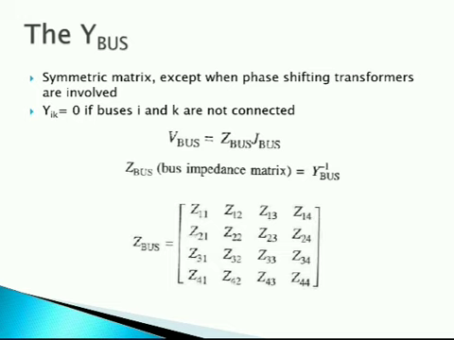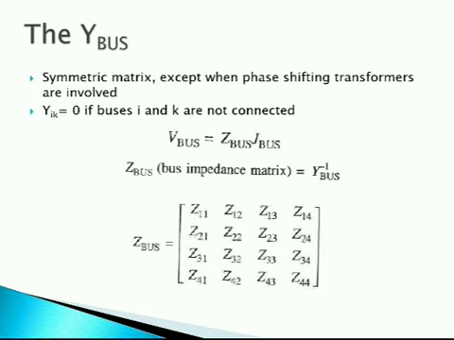Okay. Now the Y bus is a symmetric matrix, except where phase shifting transformers are involved. If there are phase shifting transformers between two buses, that means these transformers are placed in order to rectify certain other faults in the system.